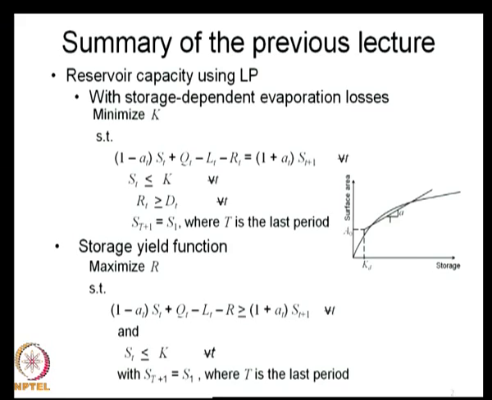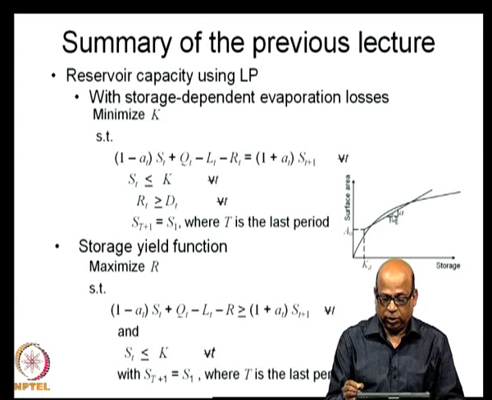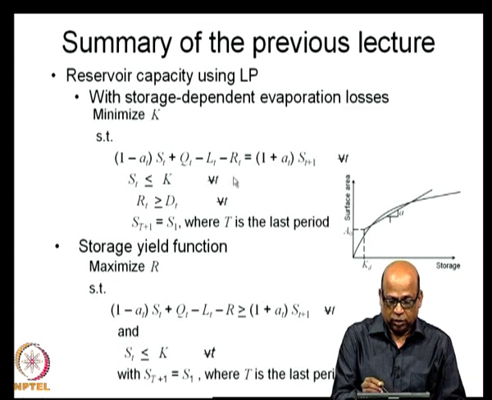We looked at the area capacity relationship, and beyond the dead storage level, we approximated the area capacity by a straight line, took the slope of that straight line, which is actually surface area per unit storage beyond the dead storage, and then rewrote the continuity equation.